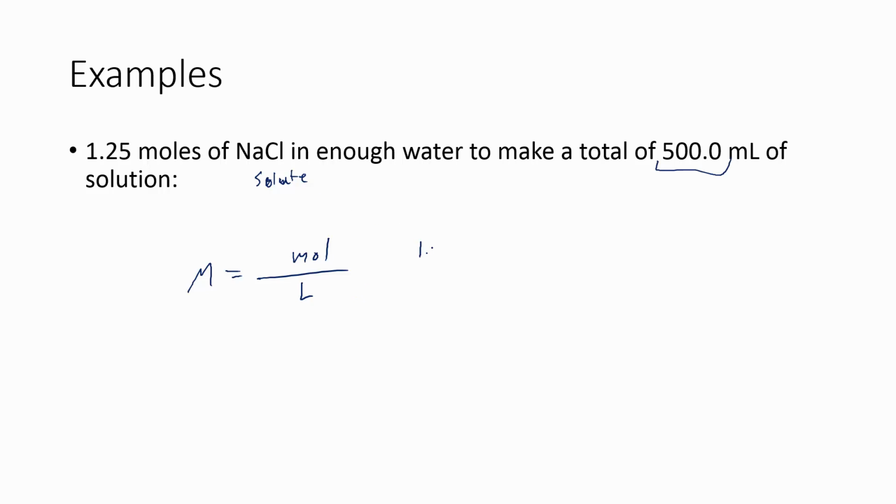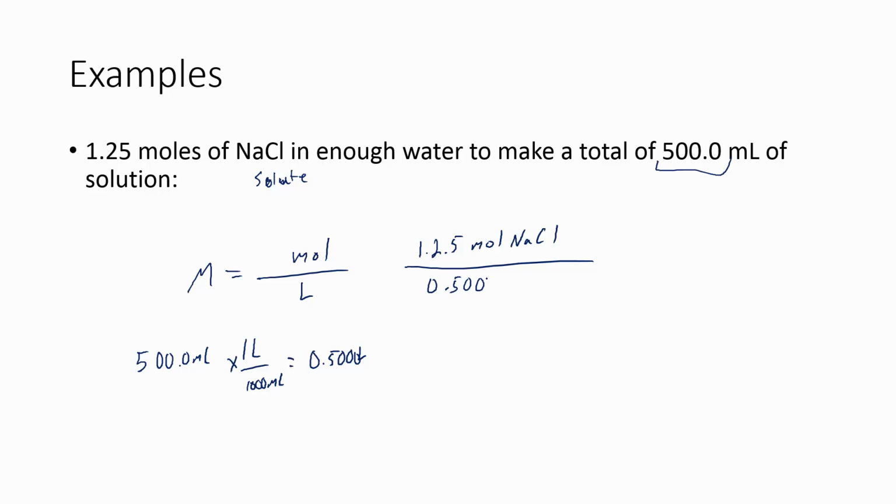So that means I have 1.25 moles sodium chloride in 500 milliliters. So let's turn that into liters. So 0.5000 liters of solution.